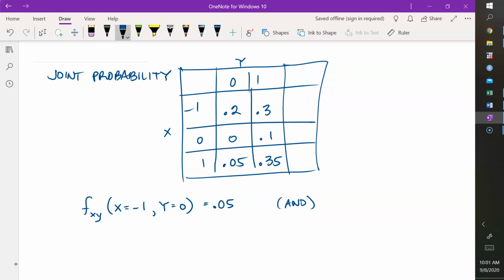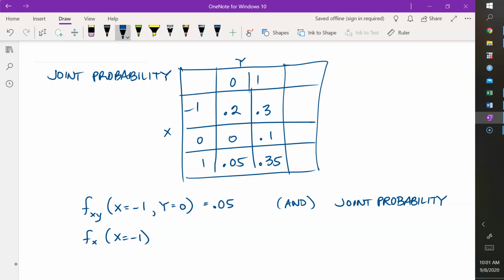In contrast, this one's a joint probability. It's telling us about the chance of a particular outcome for x and a particular outcome for y. Now, the chance of x alone being -1 is the outcome of only one of the variables.